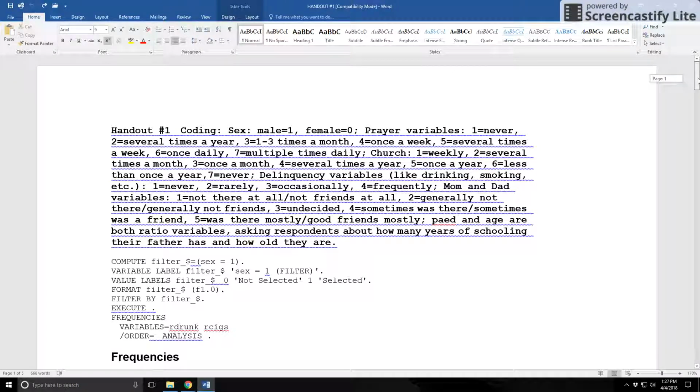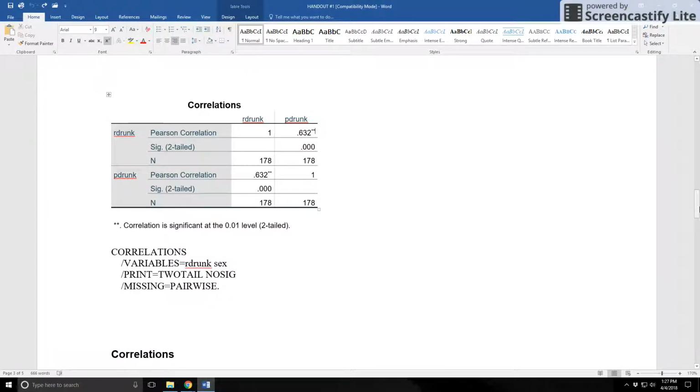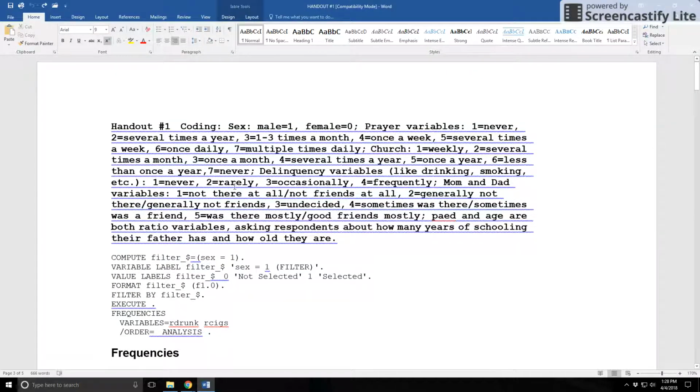So the way you start interpreting a correlation where there is no dichotomous variable, both of these are on a scale of 1 to 4. So what you want to say is, as this variable increases, how does that variable change? So as this variable increases, what does it mean for this variable to increase? It means increase in terms of the number. So as this number goes up, what does it mean for that number to go up?